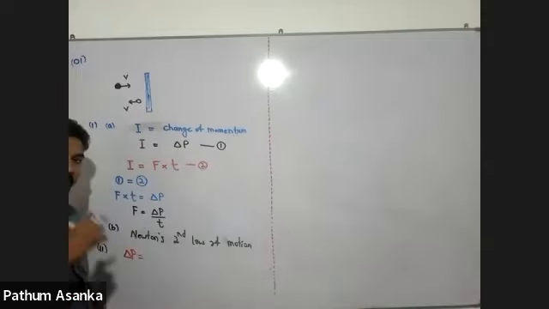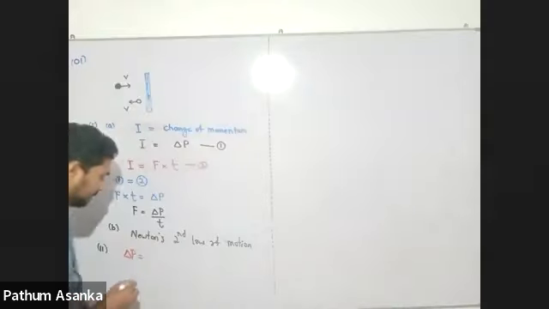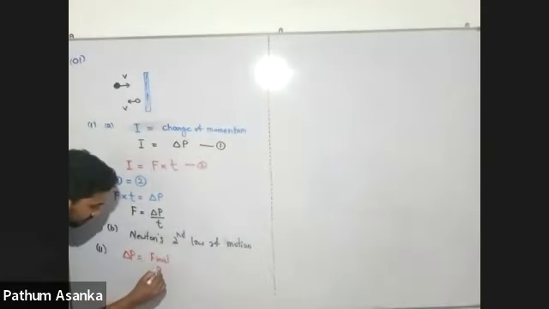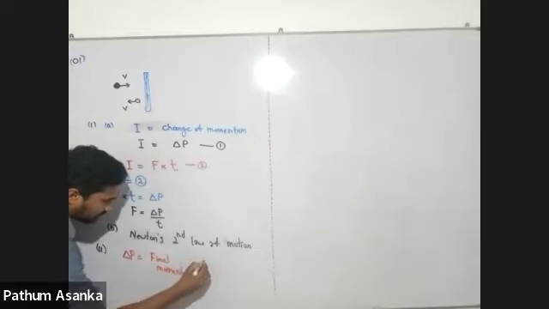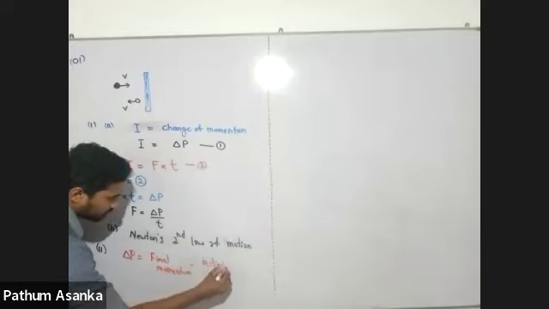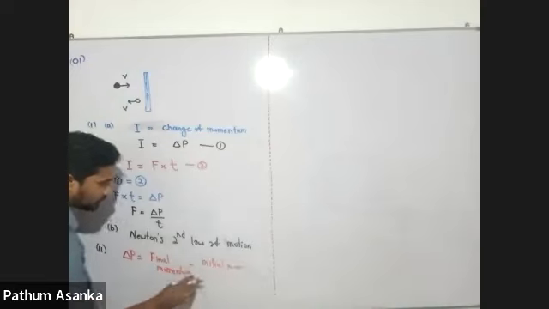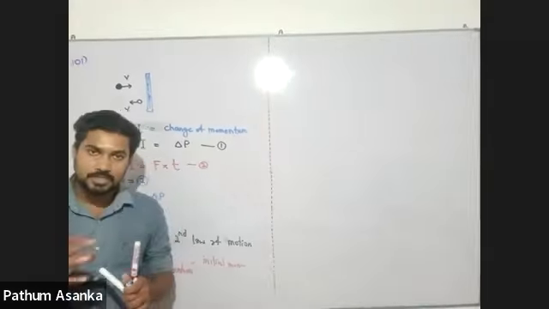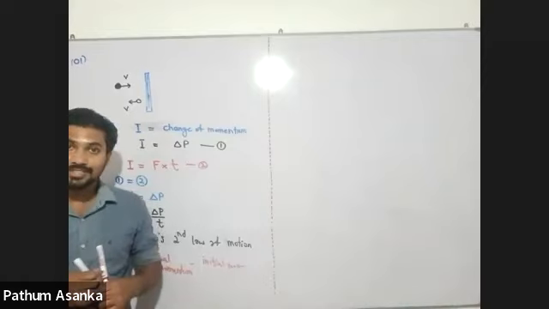Normally, change of momentum means final momentum minus initial momentum, right? So this is the equation which is used to derive change of momentum, right? So you know that momentum is a vector quantity, so you have to consider the direction also.